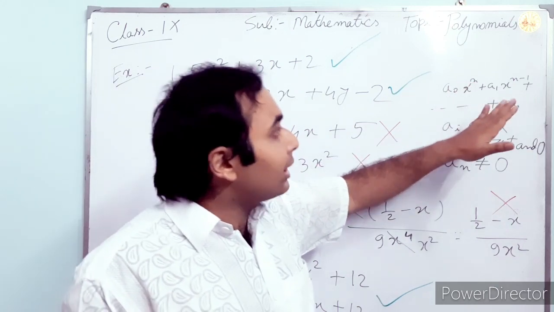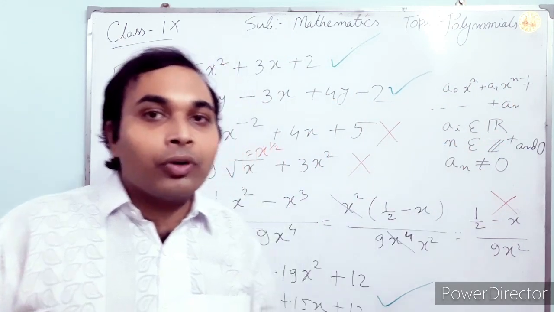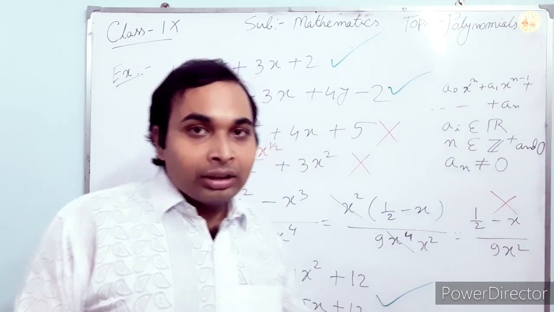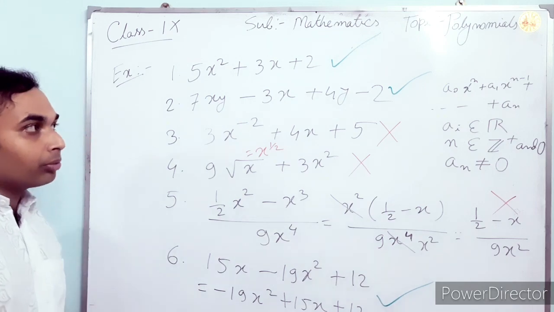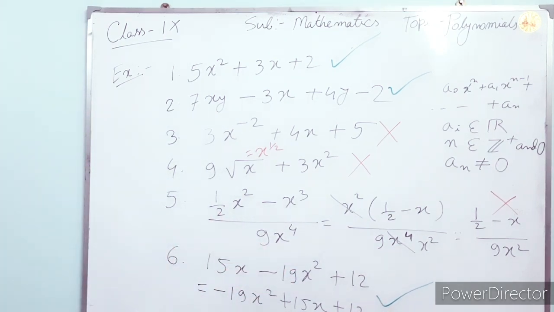So we can say the standard form of a polynomial will be in decreasing order, otherwise increasing. This is the standard form only. If it is written like that also, that should be a polynomial.